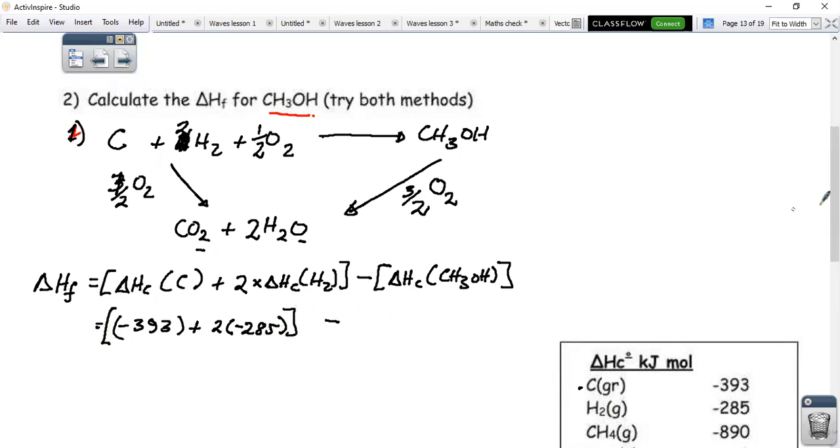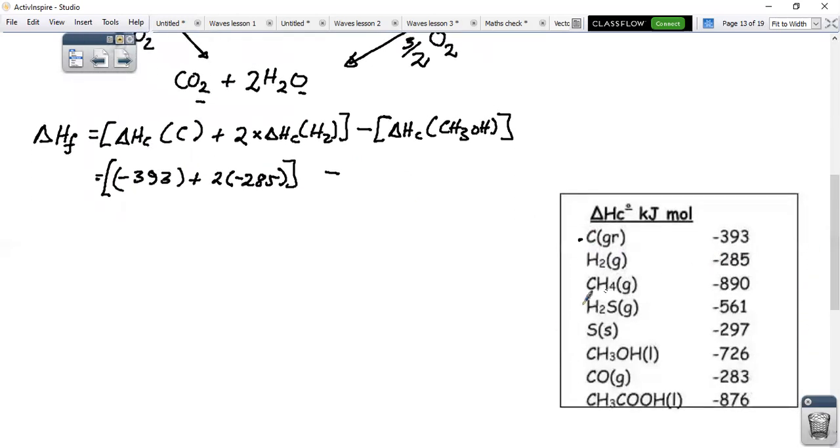And this minus, I can pick up my value for enthalpy of methanol, which is minus 726. Now be very careful with the signs here because we need the signs, super critical. So this then comes out to minus 963 minus 726. And so I get an overall value of minus 237 kilojoules per mole.